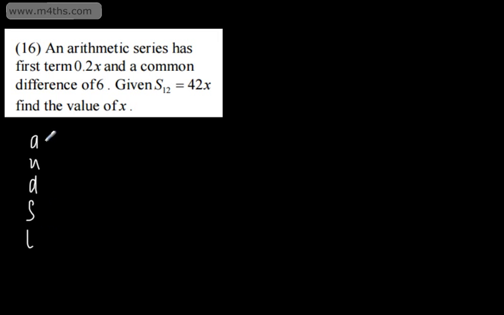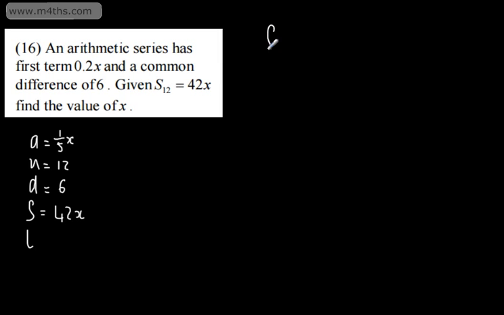It's got a first term of 0.2x. We could write 0.2, or we could write one fifth of x. We've got the sum of the first 12 terms, so n is 12. The difference is 6, and we know the sum is 42x.